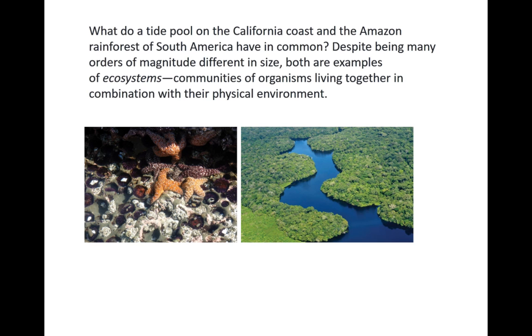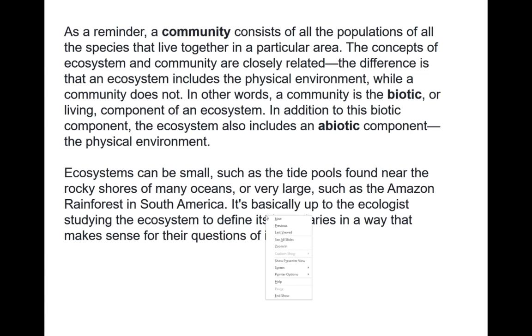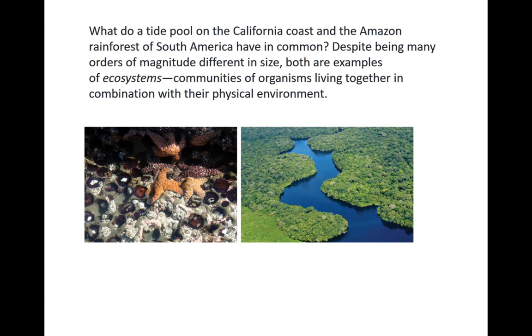We're going to start out with: what do the tide pools on the California coast and the Amazon rainforest of South America have in common? Despite being many orders of magnitude different in size, they're both very different in size. Let's go back to our sea stars.